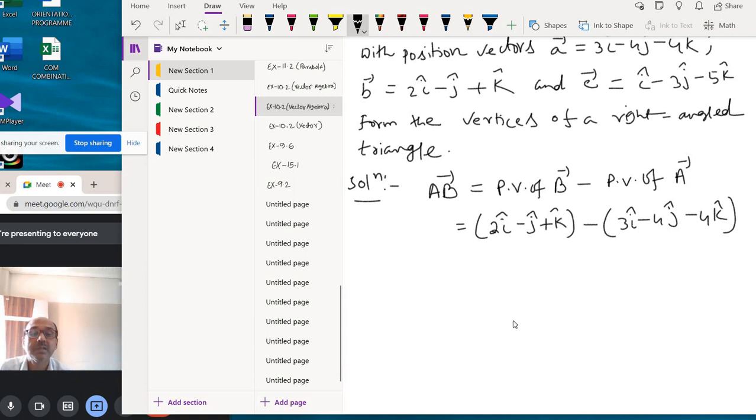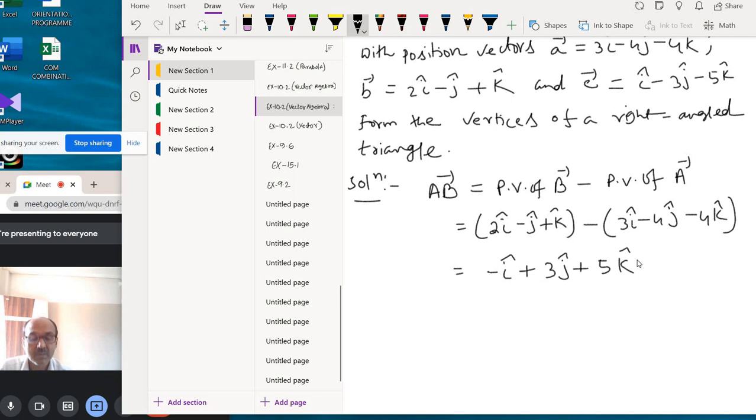Okay, so this equal to 2i minus 3i, minus i, minus j plus 4j, plus 3j, plus k minus 4k... plus 5k.